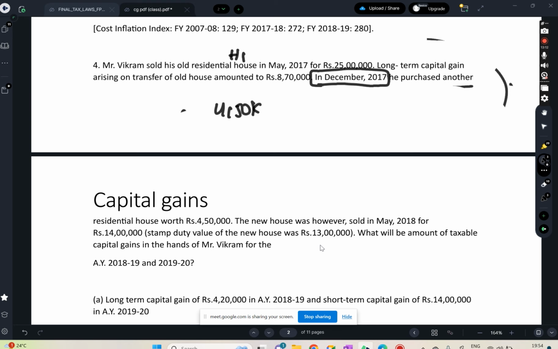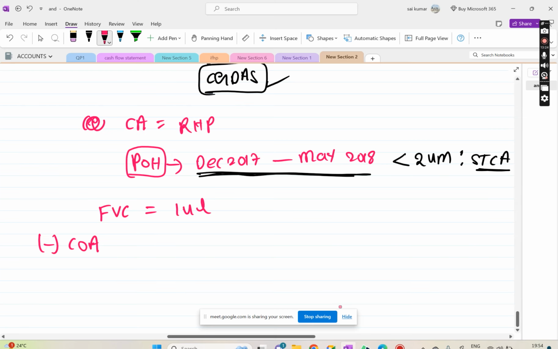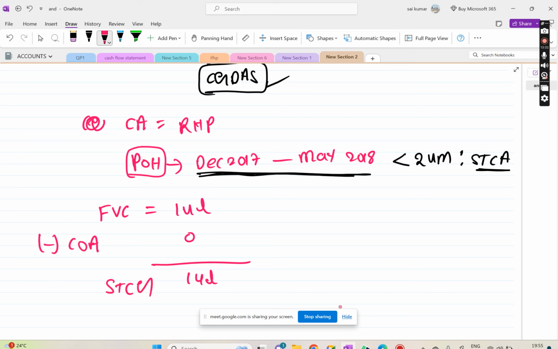What is the exemption claimed earlier? 4,50,000 only. Whatever exemption I have claimed earlier, I deduct from the cost of acquisition, so it becomes 0. Then the total 14 lakhs will be taxed under the head of short-term capital gains.